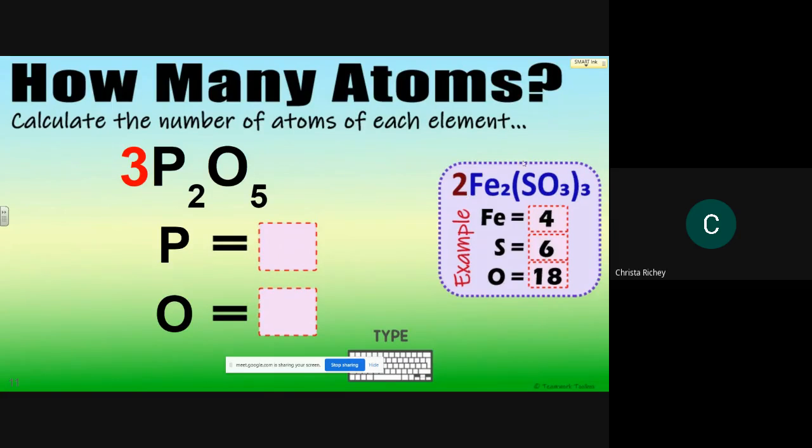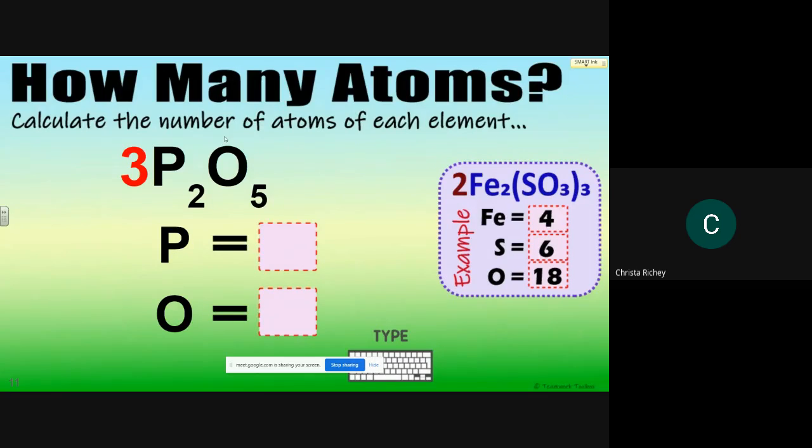The 2 affects the sulfur and the oxygen also. This 3 affects the sulfur and the oxygen, but not the iron. So for the sulfur, which was originally 1, 3 times 1 is 3 times 2 is 6, which is how you would get that one. And then the oxygen, 3 times 3 is 9, times 2 is 18, which is how you would get this one. It's just giving you an example up on the side.